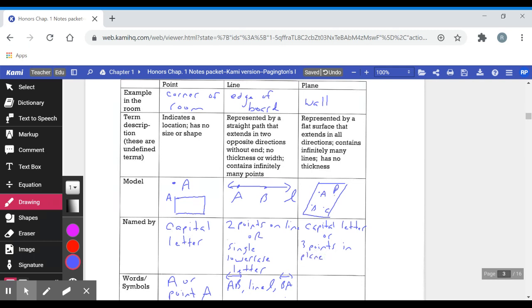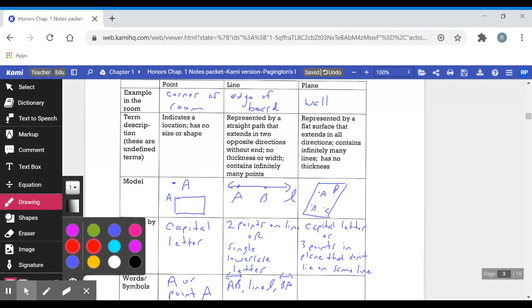But there's one condition to that. They cannot lie on the same line. All 3 points cannot lie on the same line. 3 points in the plane that don't lie on the same line.